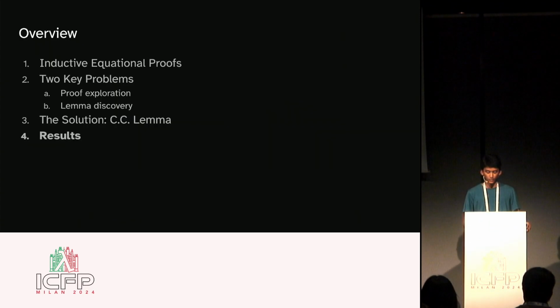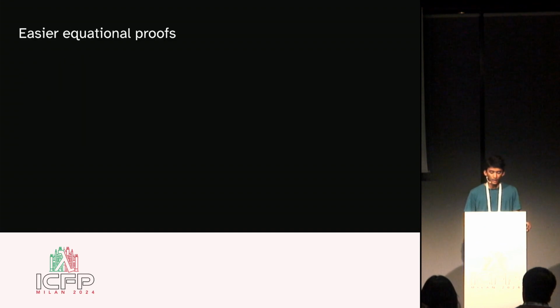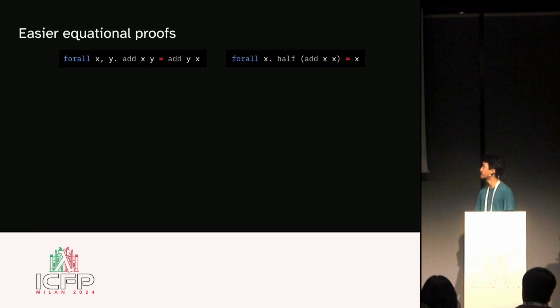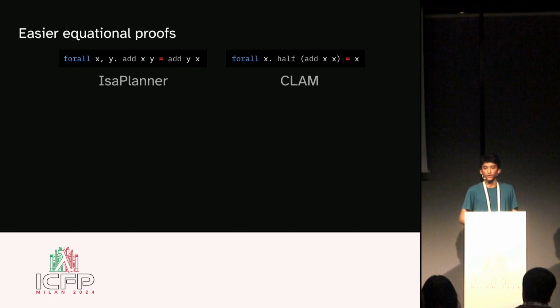Let me quickly skim through the results now. I want to call back to these two equations that we talked about previously. It turns out that these equations are from standard benchmarks. If you're not familiar with the isoplanar benchmark, you might think that these are of roughly equivalent difficulty. Know that the clam benchmarks are a little bit harder because they often require lemmas.